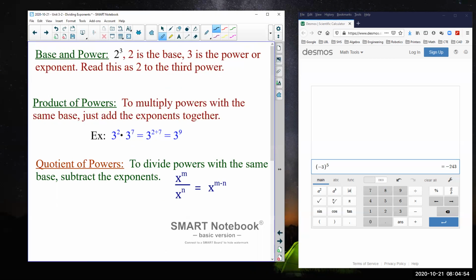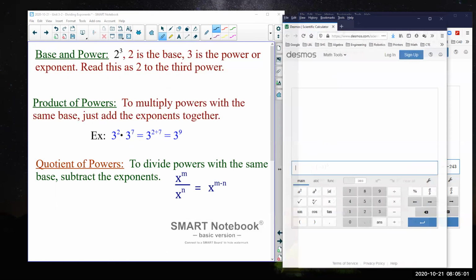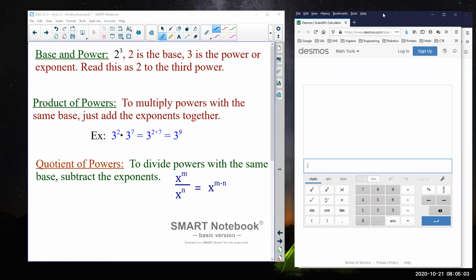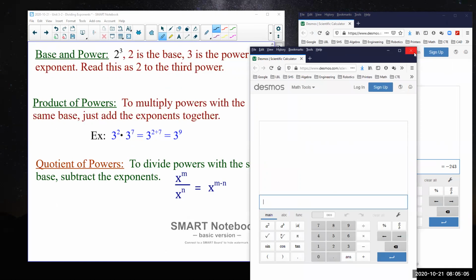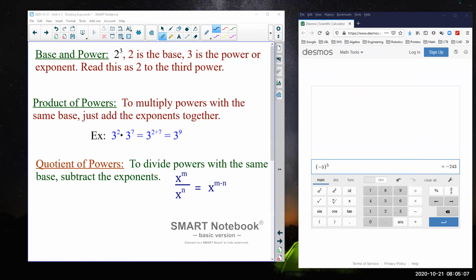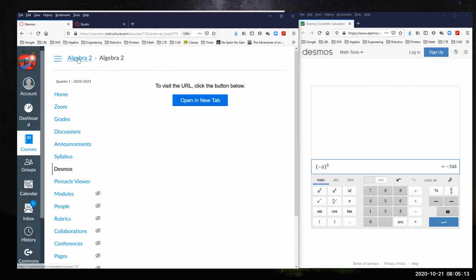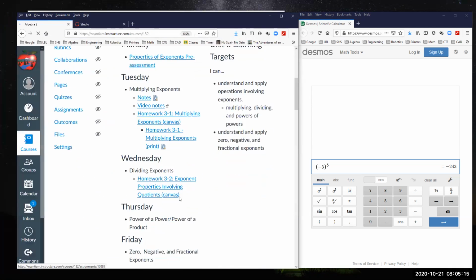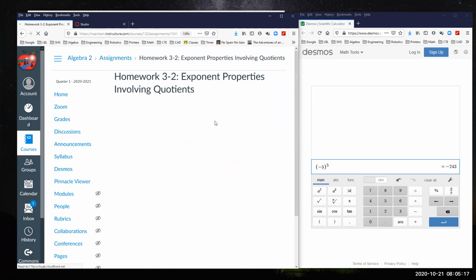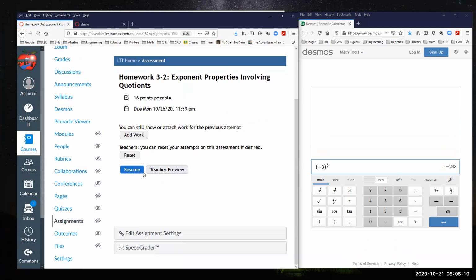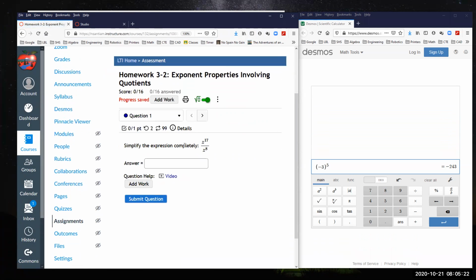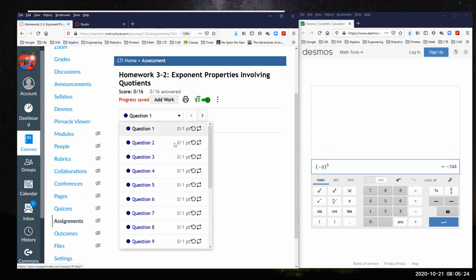So in your assignment, you're going to see some problems that actually have one other component to them.